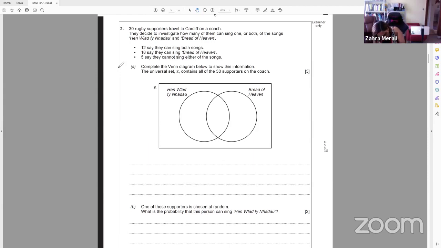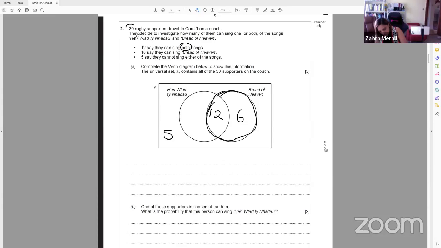Both tells you that it's in the middle. So we've got 12 in the middle. 18 can sing Bread of Heaven. So this whole circle here has to equal 18. We already have 12 in there. So that's got to be a 6. And 5 can't sing either. So there's 5 on the outside.